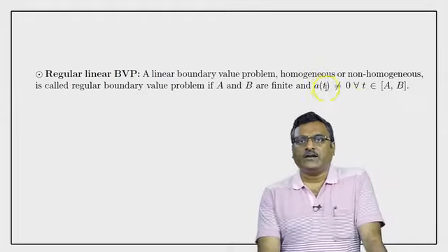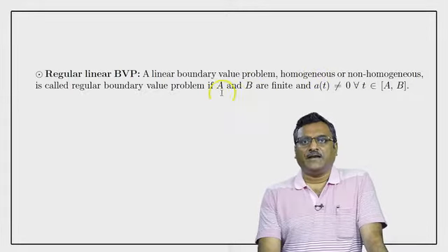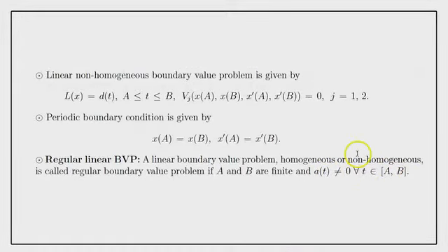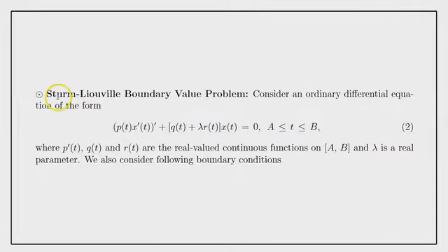So, if these two conditions are satisfied, that means a, b are finite and A(t) is non-zero over the entire interval [a, b], then either Lx equal to 0 or Lx equal to d(t) subjected to this type of boundary condition is known as a regular linear boundary value problem.